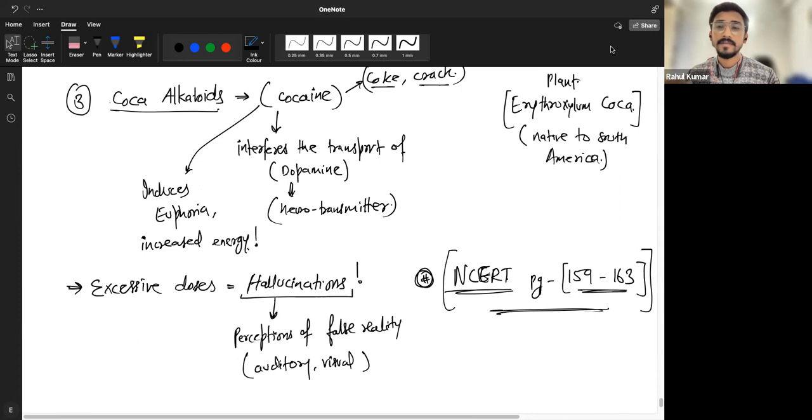So there are certain mood elevators, certain drugs which make you feel happy. Now, the problem is our body adapts. The threshold rises.